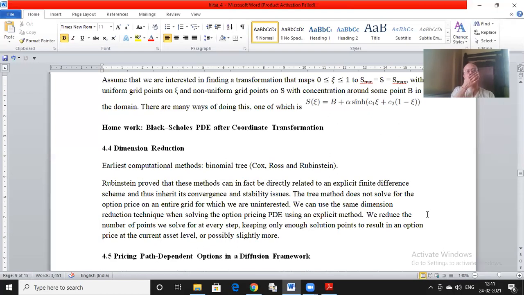Okay, so these were the additional issues in the computation about boundary conditions, about uniform and non-uniform grids, and also reducing computational burden. Now let us go back to a few more examples of more complicated derivative contracts.